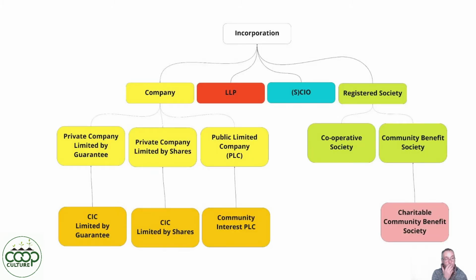And then we looked at the family tree, the landscape of the different legal forms that you can use in the UK, and we talked very briefly about all of these different types of legal form. In further videos we're going to go on to differentiate between them and help you navigate the choices between choosing which legal form is the most appropriate for your organisation and how you can swap and change between them or not, as may be the case.